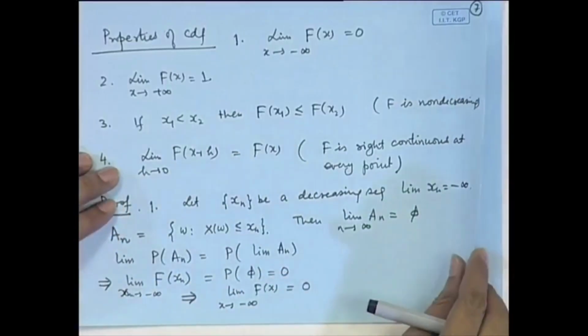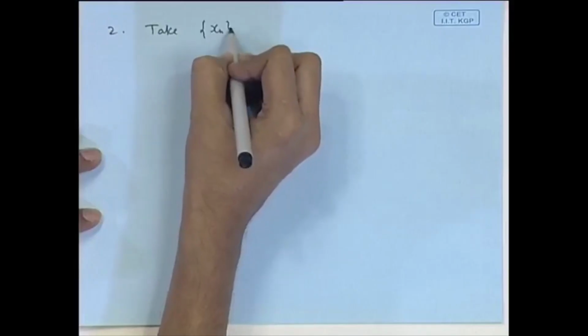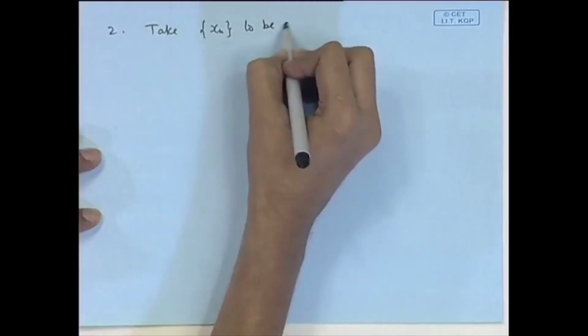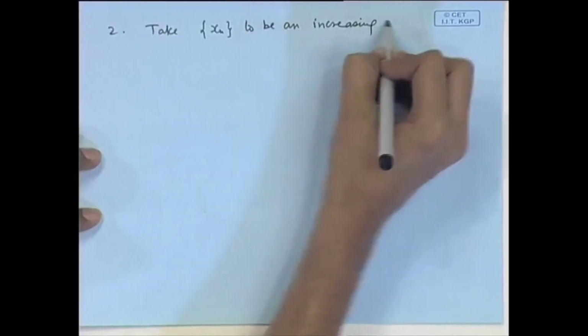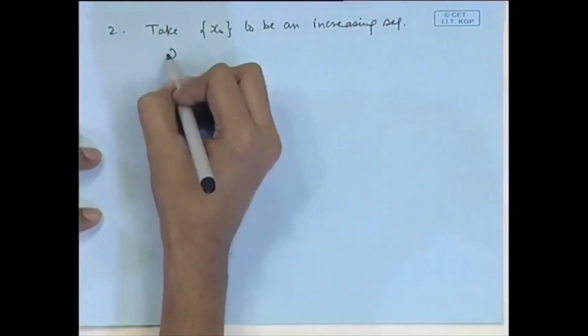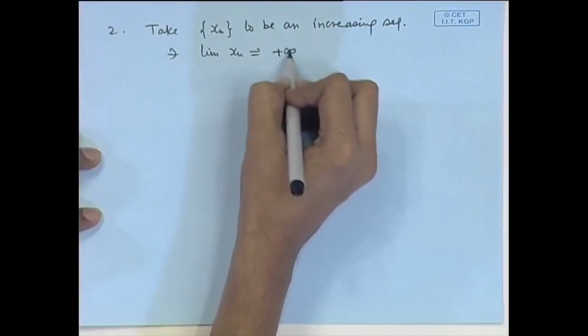In a similar way, we can consider a sequence which is increasing to plus infinity. Take x n to be an increasing sequence such that limit of x n is equal to plus infinity.